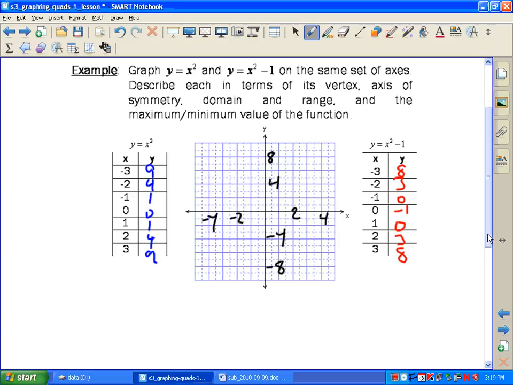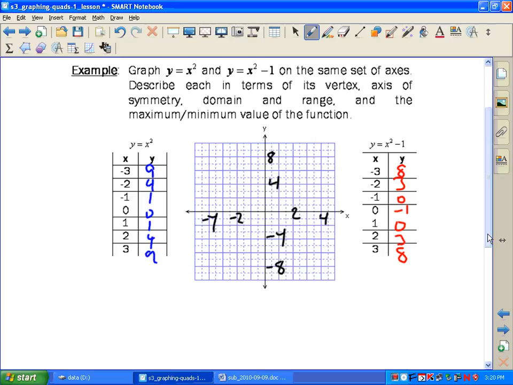We'll keep the same x scales we did before. The vertical scale, every single tick is worth 1 because it doesn't go above 10, so we'll just stick with that. It'll be a little bit easier. Now, we'll graph both the x squared and x squared minus 1, and then we'll be able to see the relationship between those properties of a quadratic function that the two have.